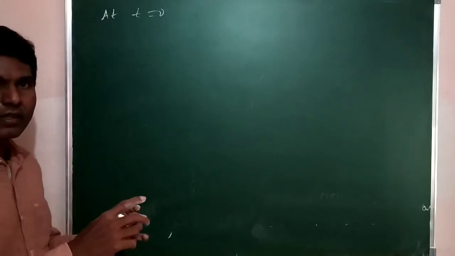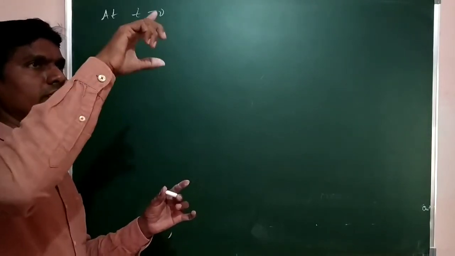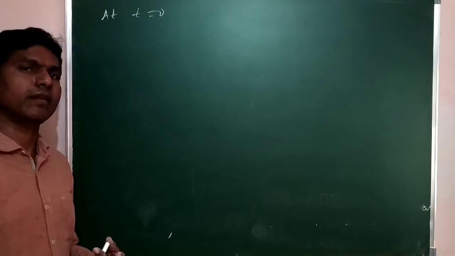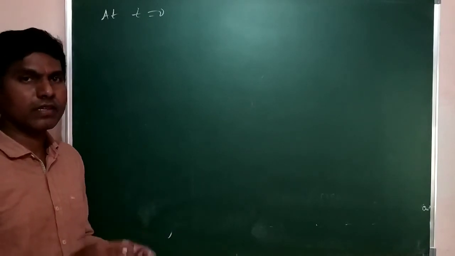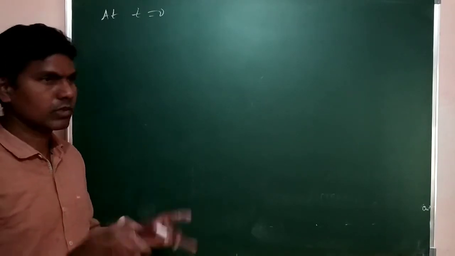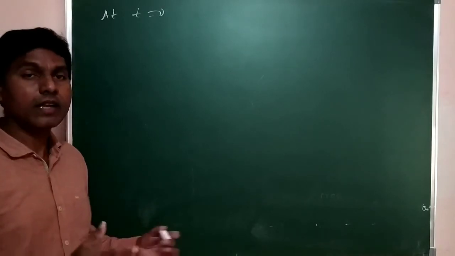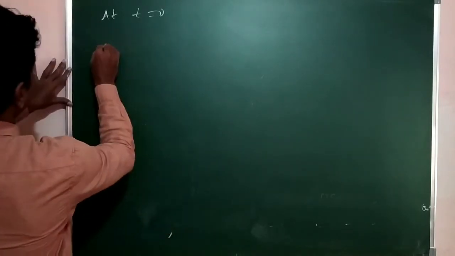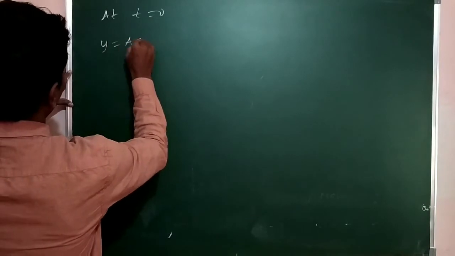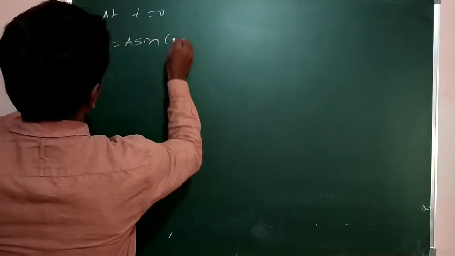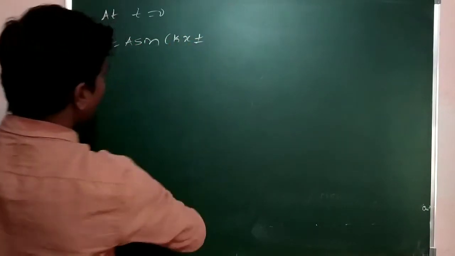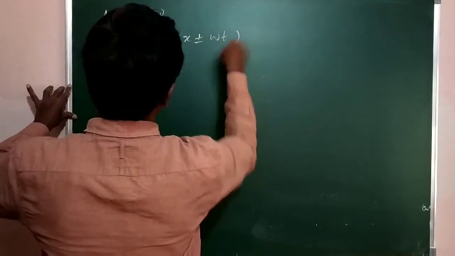At the time, the total phase of the wave is taken as pi. The phase must be pi. So we can write the progressive wave equation y equal to a sine kx plus or minus omega t.